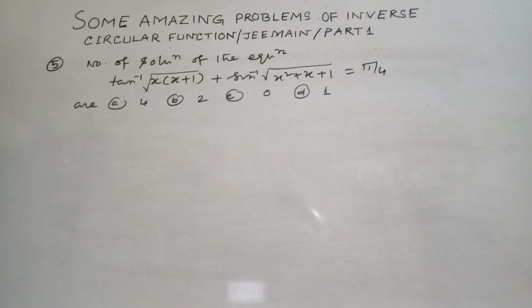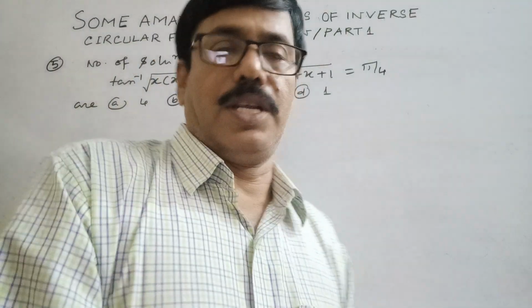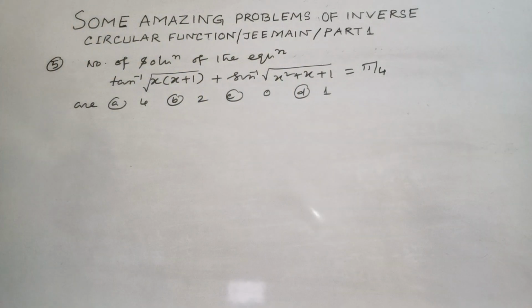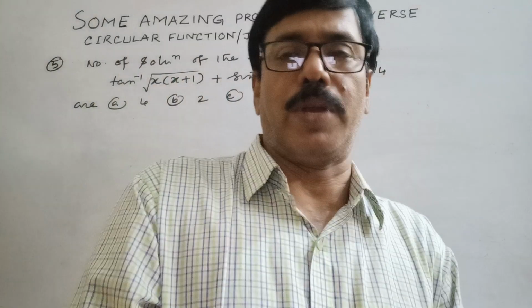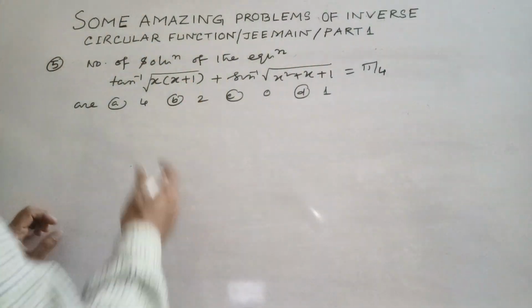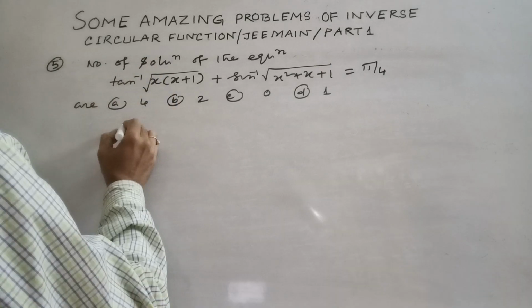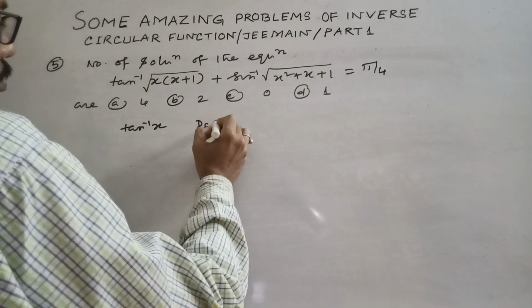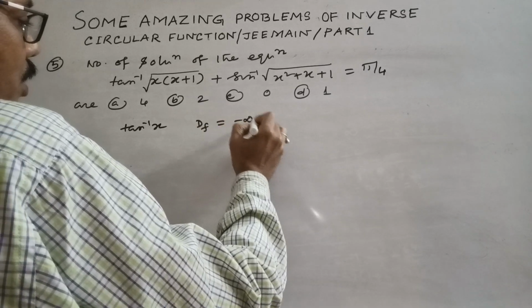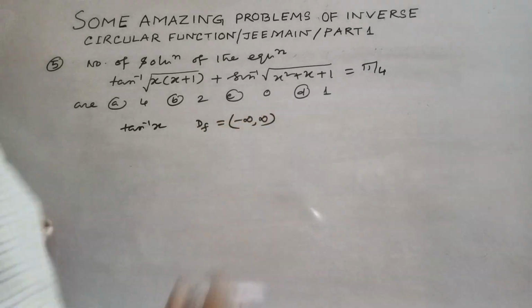Now it is a trigonometric equation. Now we solve this problem using domain. This one is tan inverse x. So the domain of tan inverse x, Df, equals minus infinity to infinity.